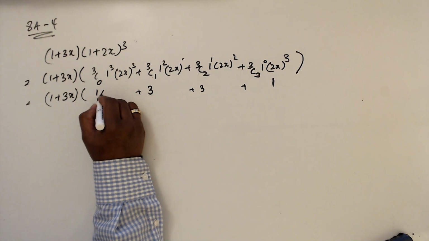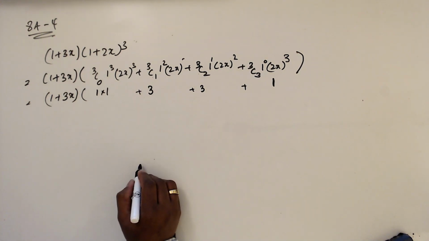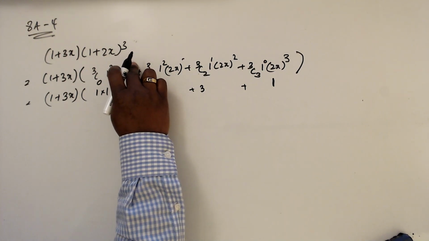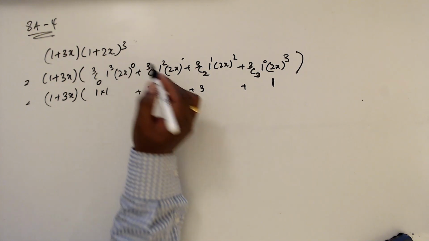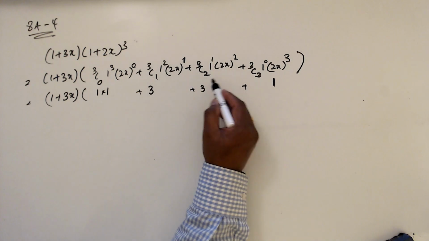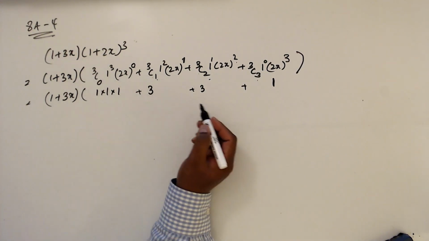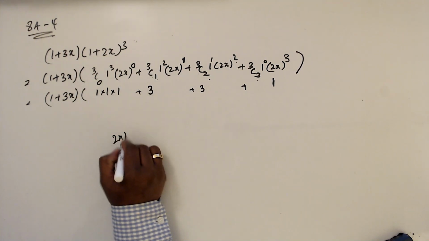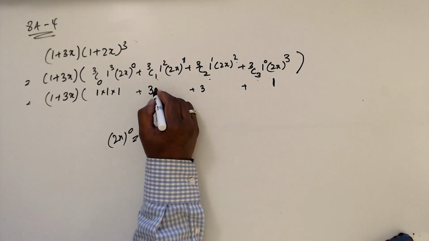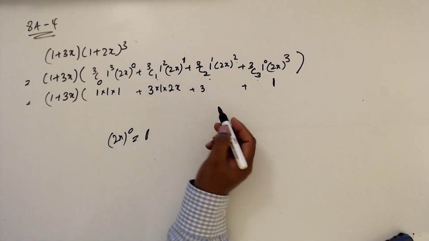Sorry, 2x to the power 0 is the starting one: 0, 0, 1, 1, 2, 2, 3, 3. Any power 0 is 1, and 1 squared is 1. Then this is 2x as it is.